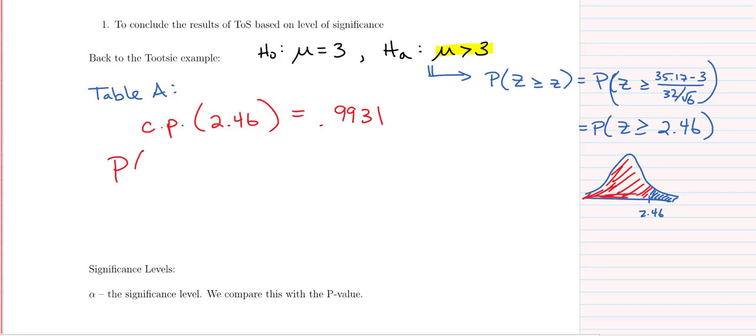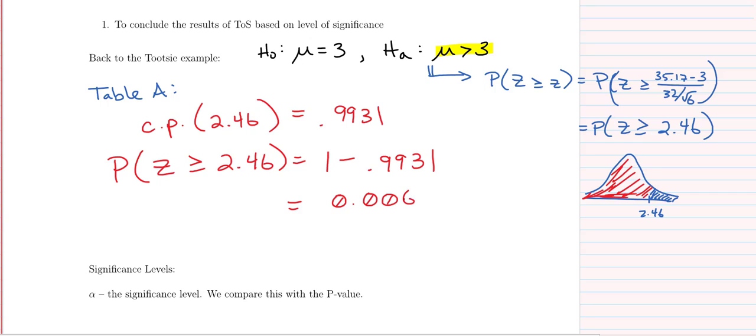And so the probability that z is greater than or equal to 2.46 is equal to 1 minus 0.9931, which is equal to 0.0069. And this is also equal to the probability that a randomly selected Tootsie Roll Pop takes more than or equal to 35.17 licks to get to the center of a Tootsie Roll Pop.